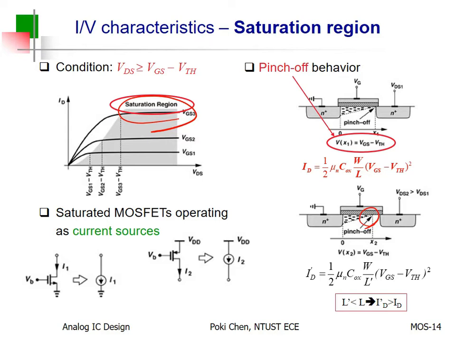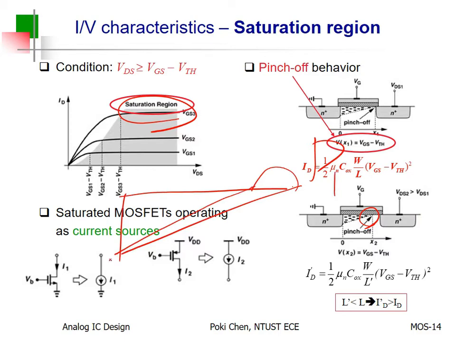Why? The higher drain voltage, then the shorter length, the higher, the even shorter. Okay? So we can reduce the channel length by increasing the drain voltage. The higher drain voltage, the shorter channel length. The lower drain voltage, the longer channel length. That's it.